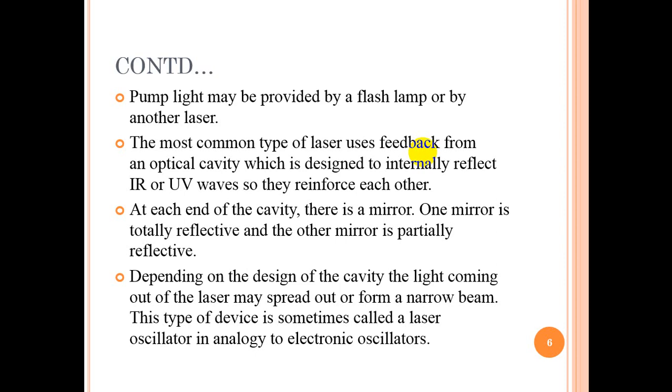Light bounces back and forth between the mirrors, passing through the gain medium and amplified each time. Depending upon the design of the cavity, the light coming out of the laser may spread out or form a narrow beam. This type of device is sometimes called a laser oscillator in analogy to electronic oscillators.